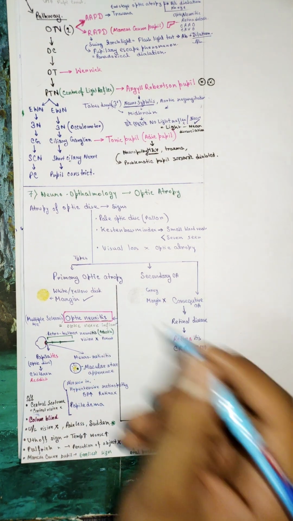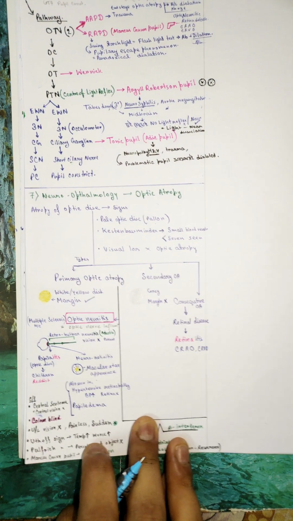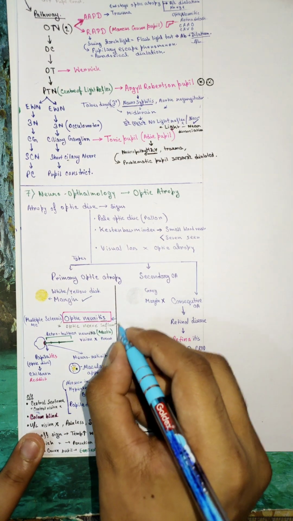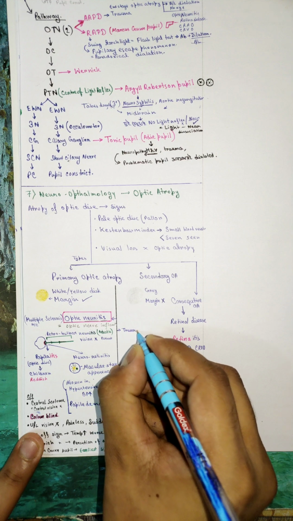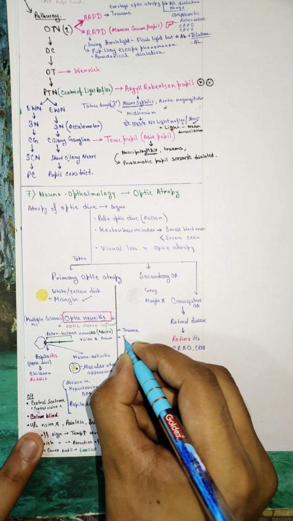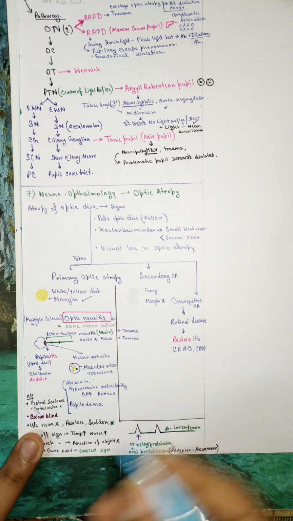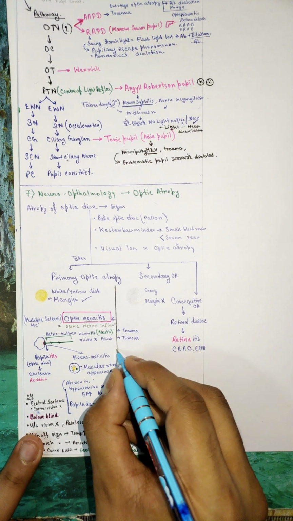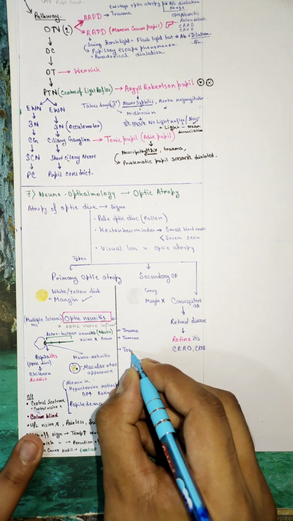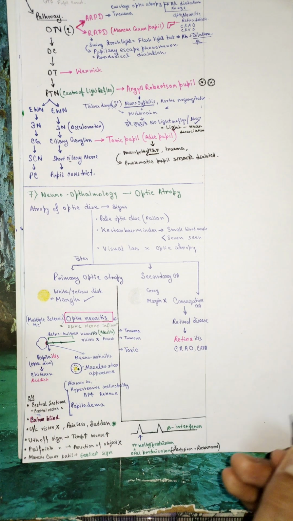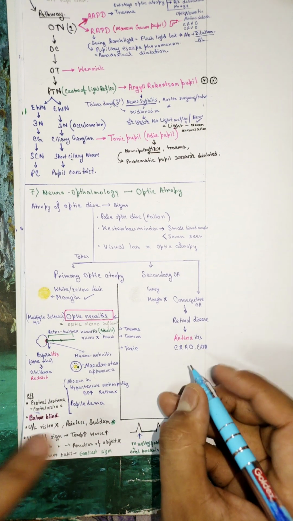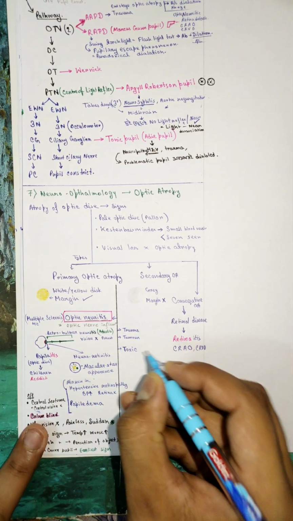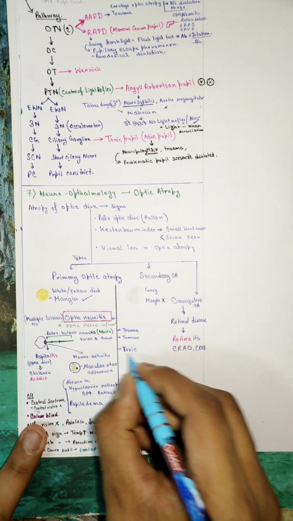Other reasons for optic atrophy, obviously trauma, tumor, toxic agents. That means ultimately it is nothing but toxic or nutritional optic neuropathy. Toxic agents, what are these?